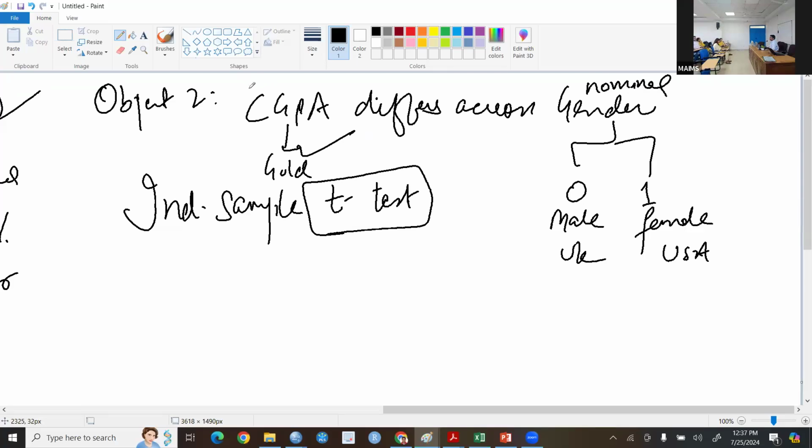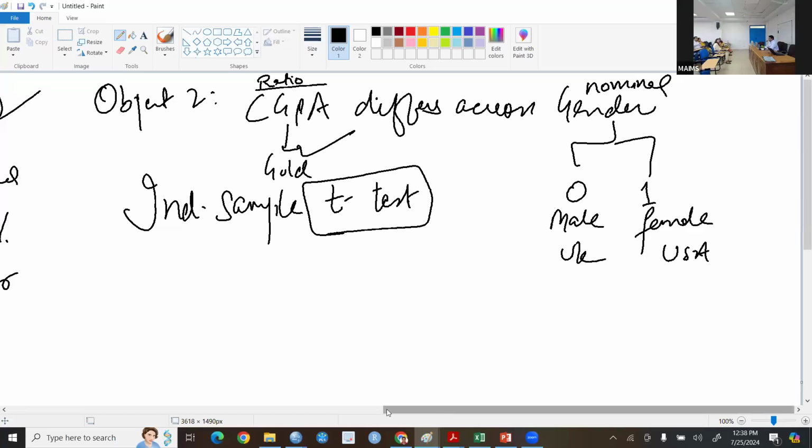And this data CGPA is ratio data. So these are the assumptions, the conditions. I have written the assumptions slide-wise. What are the assumptions of t-test? That one variable must be continuous, another must be nominal. And the second condition is the categories must be 2. If there are more than 2, then we will go for another test, ANOVA.